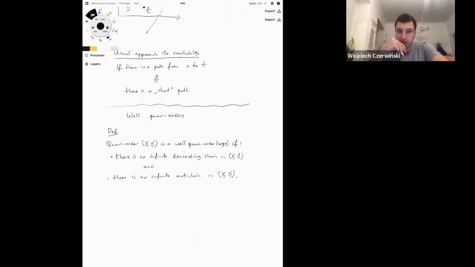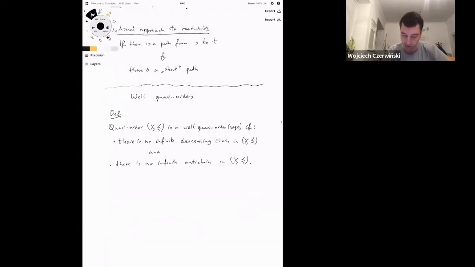And it's useful to have equivalent formulations of this well quasi-order. So I will formulate this as a lemma. Often people define this well quasi-order differently, with another equivalent condition, but I decided to define it like that. There is a lemma that for any order, I will just write order because I don't care about quasi-orders which are not orders, the following conditions are equivalent.